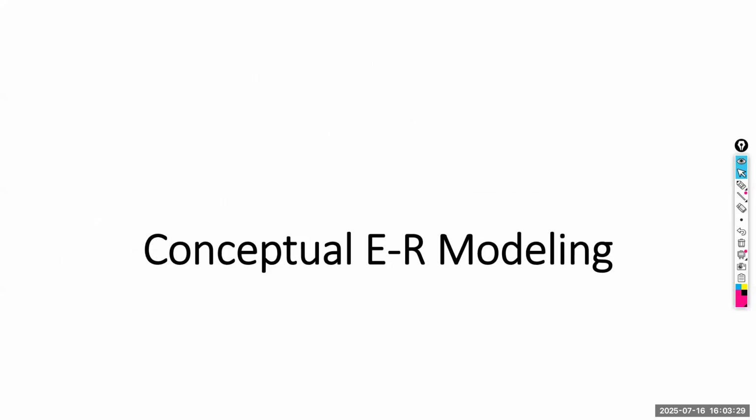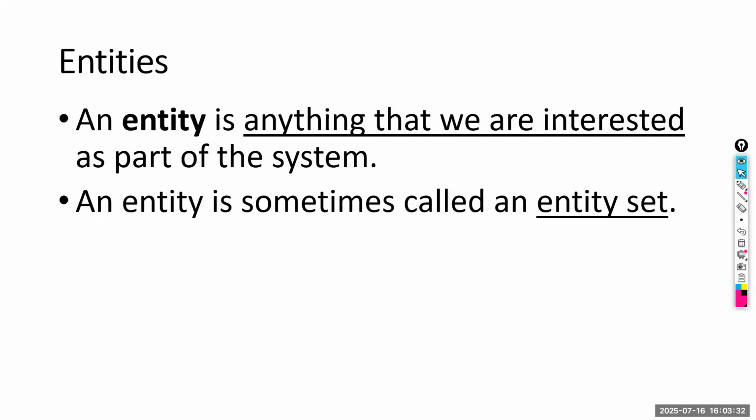So we started discussing conceptual ER modeling, and what entities are. An entity is a major concept in our domain or problem space. It depends on what kind of system we are looking at. Sometimes entities are called entity sets: employee entity, department entity, project entity set.